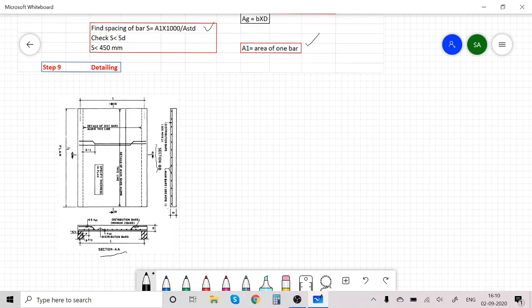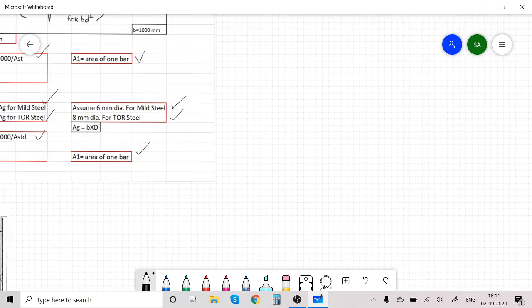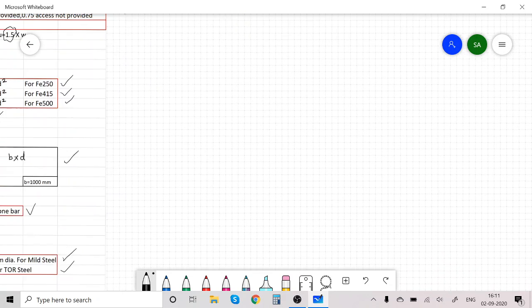Main steel is laid along shorter span direction, whereas the distribution steel is laid along longer span direction. Bend the alternate bar of the main steel at a distance 0.1 L from face of the support. So this is the procedure of designing the one-way simply supported slab.